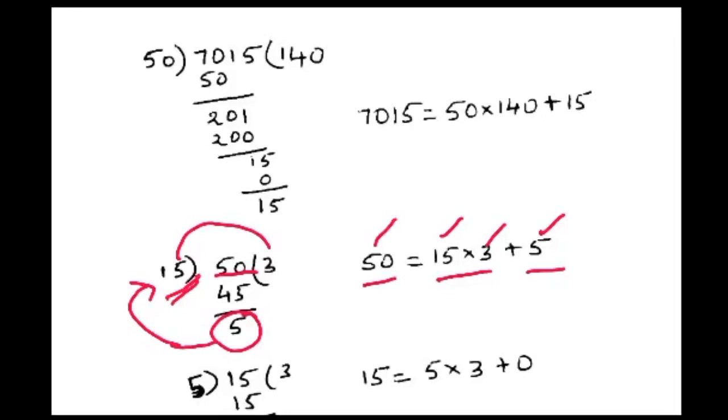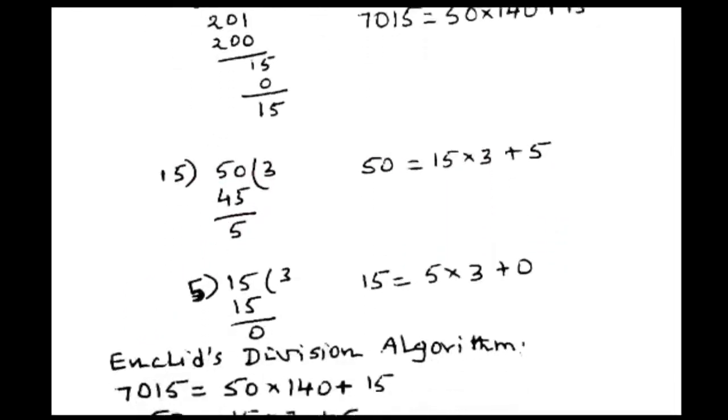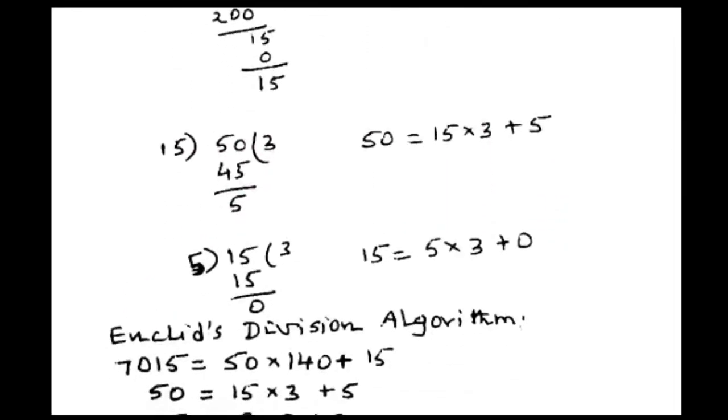So now 15 is divided by 5, we got remainder 0. Therefore, this is the last step. 15 can be written as 5 multiplied by 3 plus 0. That is the dividend equals divisor multiplied by quotient plus remainder.